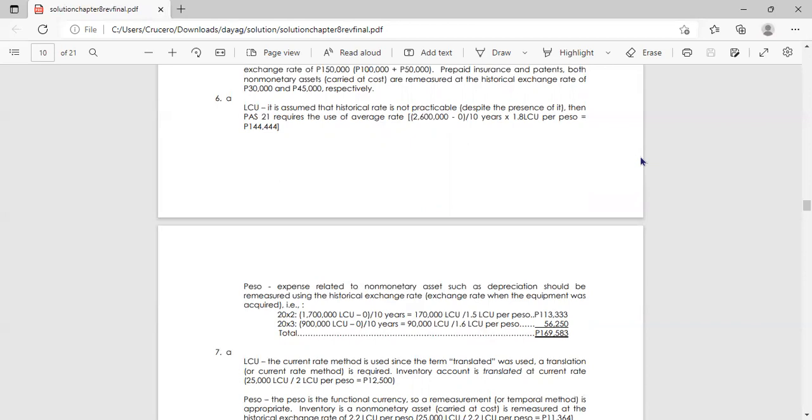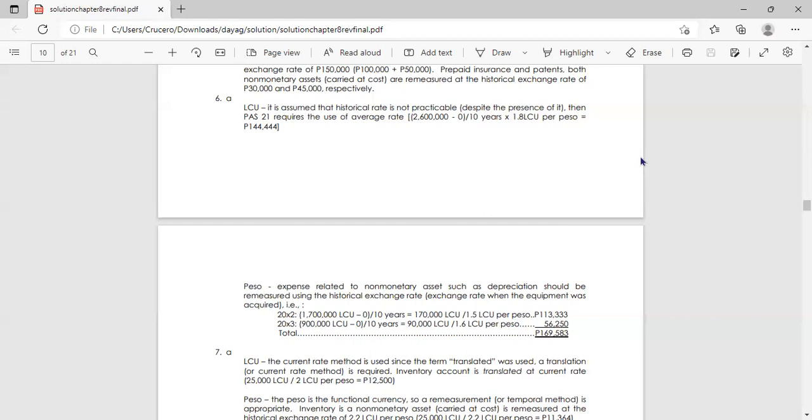LL Corporation owns a foreign subsidiary with 2.6 million local currency units of property, plant, and equipment before accumulated depreciation on December 31, 2024.